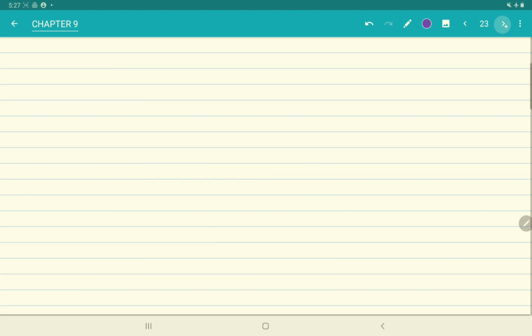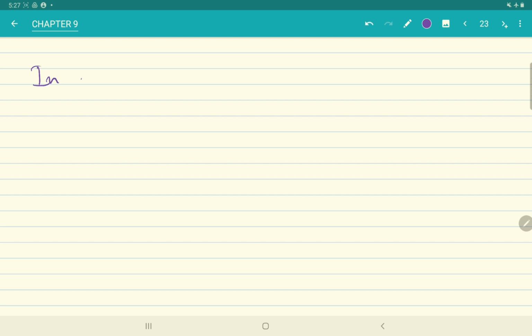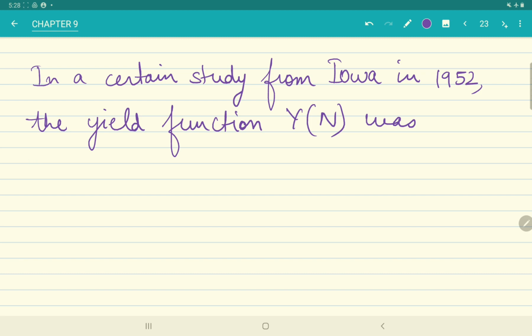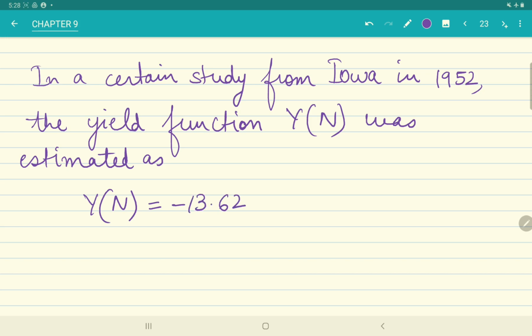Given all this, let's take up this question. In a certain study from Iowa in 1952, the yield function, which is y of n, was estimated as y of n equal to minus 13.62 plus 0.984 n minus 0.05 n raised to the power 3 by 2.